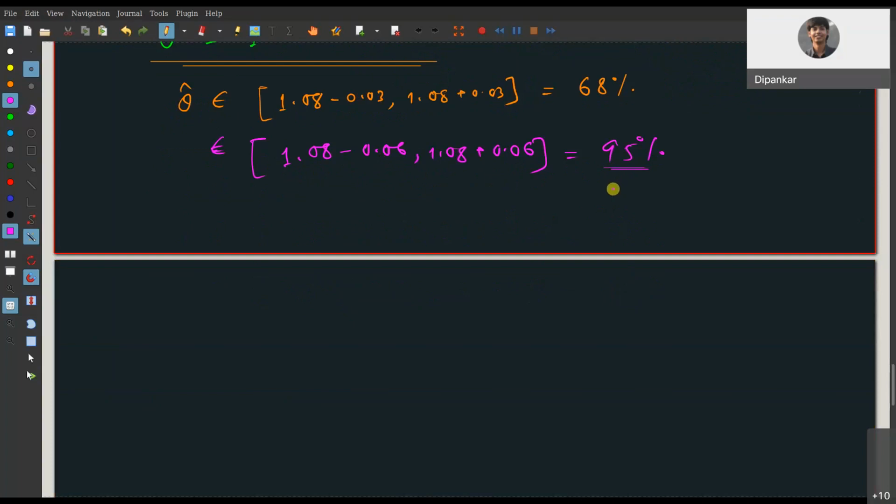But if it is a flatter distribution than the Gaussian, so remember all these words that I am saying here, try to visualize. Suppose this is my standard Gaussian distribution, and suppose this is another flatter distribution. Since this is spread more, the probability of finding theta between this interval will be less.